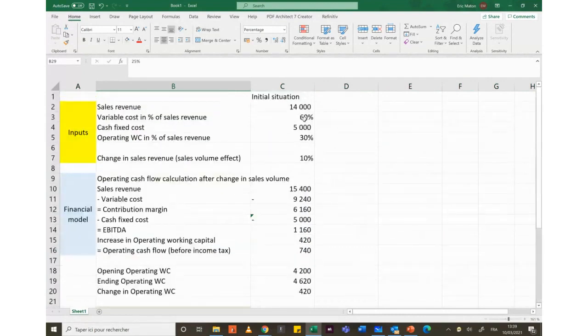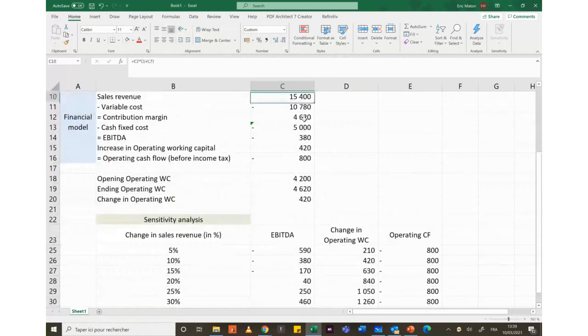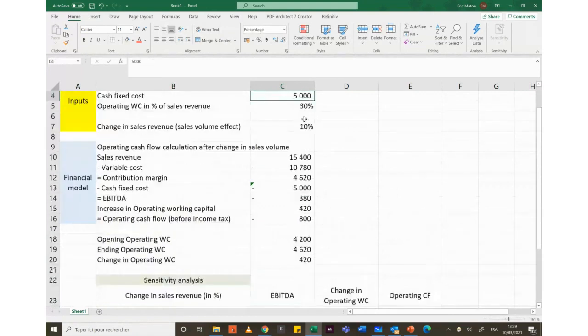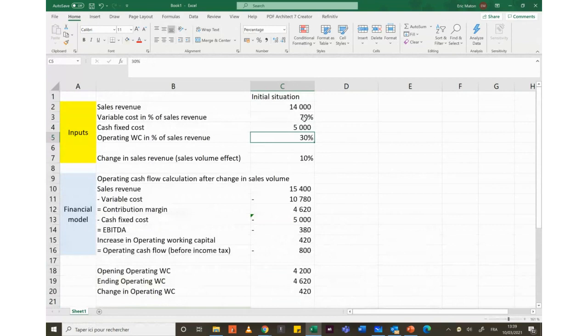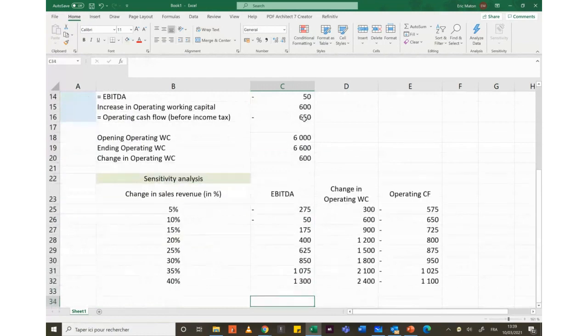I will put 70%, and I have a positive number. One is positive. And here 40%. And here more 15,000.